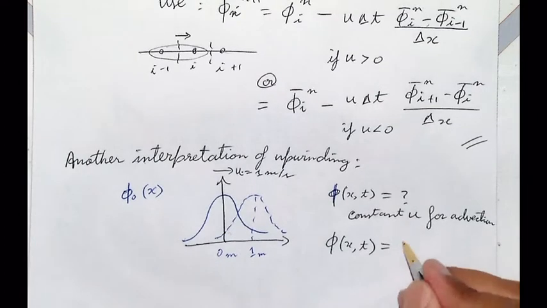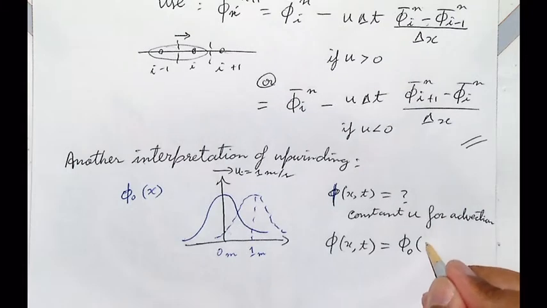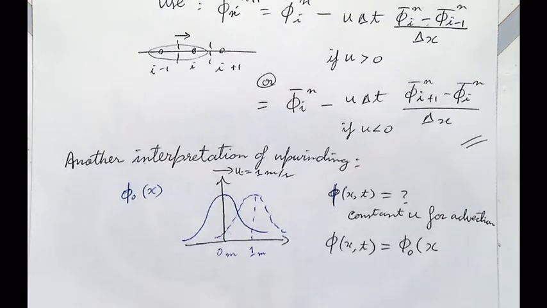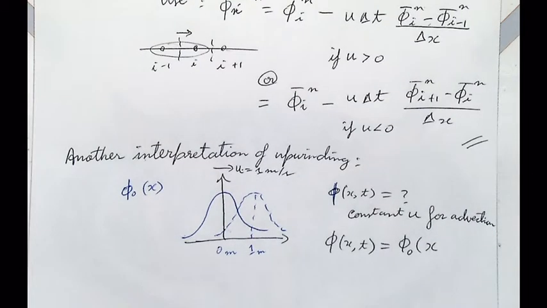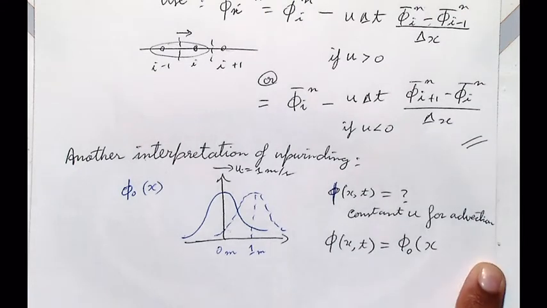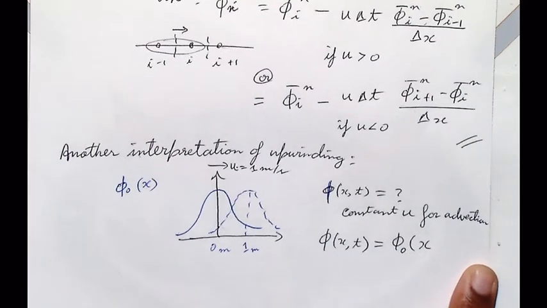Phi naught of x minus 1. Why 1? X has units of meters, U has meters per second, so it should be U times t.